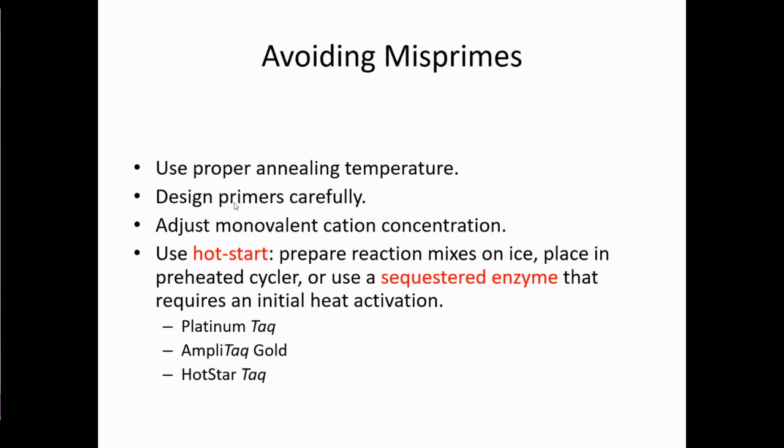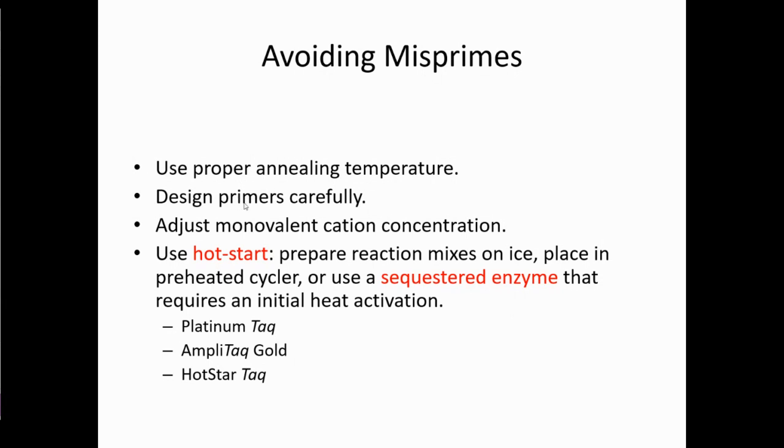All right, so you will design the primer carefully. There are several online software available. They've been designed so that you can put in your template sequence, and they can find the best available primer sequence for you.